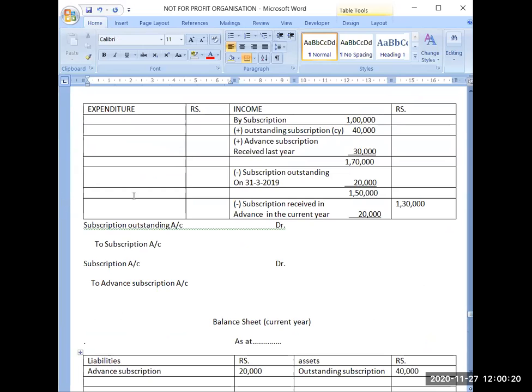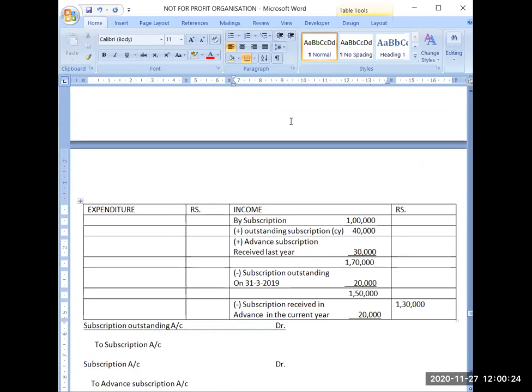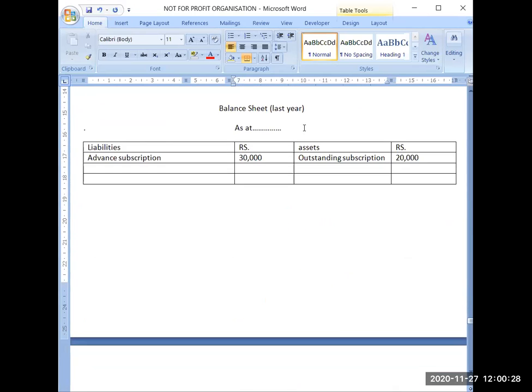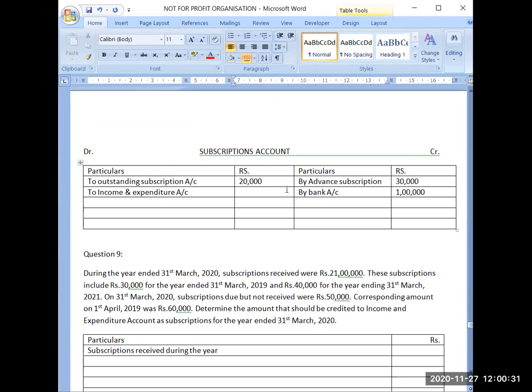As you can see, we have written here by subscription. So the journal entry will become subscription account debit to income and expenditure account. This amount we will calculate with the help of this account. Right now, two more adjustments are there.